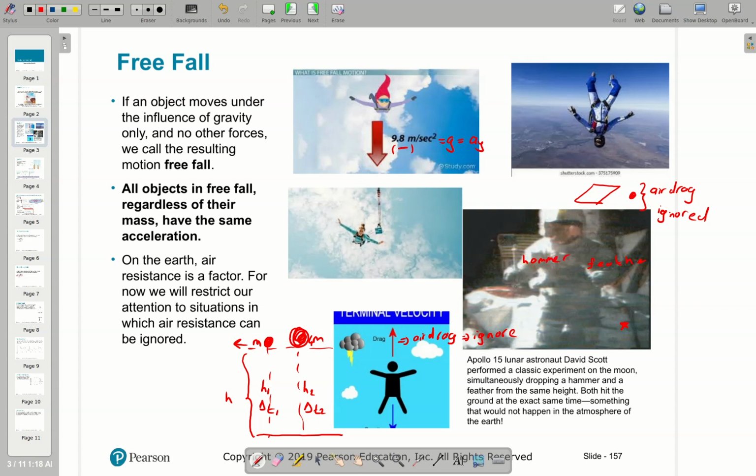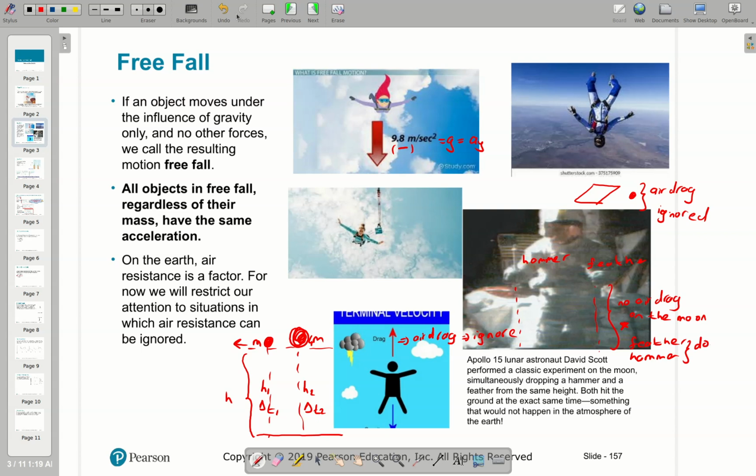So he dropped them on the moon during a moon mission, and they dropped at the same time since there's no air drag. You can watch the video on YouTube. So no air drag on the moon, feather and hammer drop at the same time.